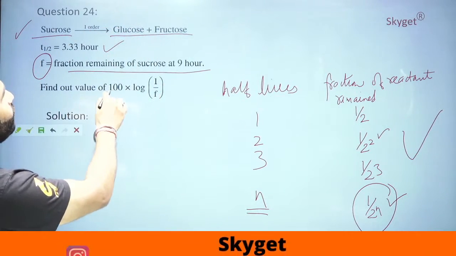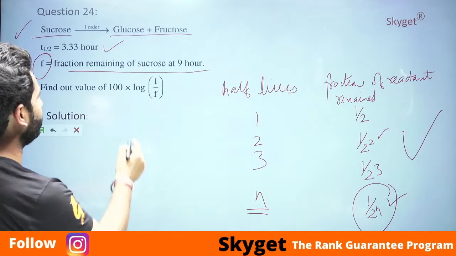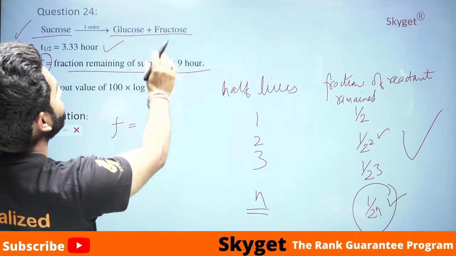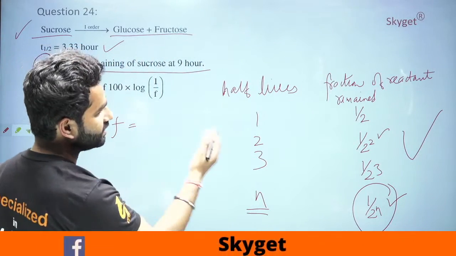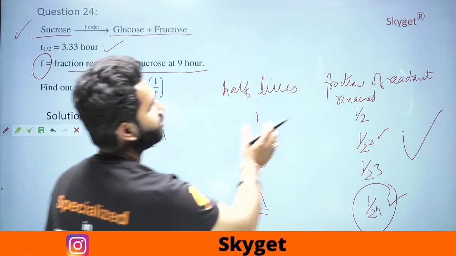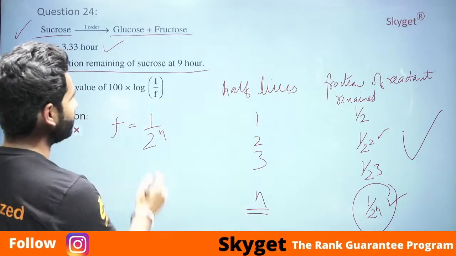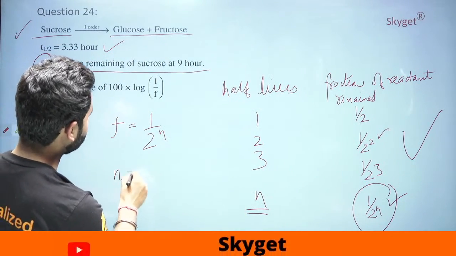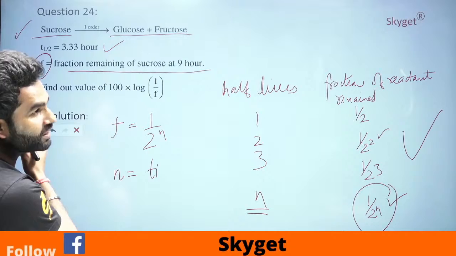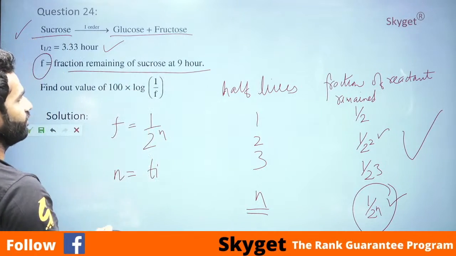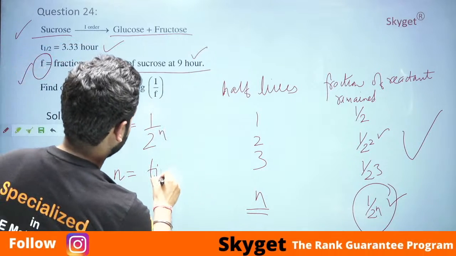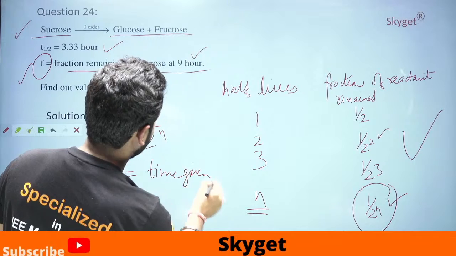The question says find out the value of 100 into log 1 by F. And what is F? F is the fraction remaining of sucrose at 9 hours. For nth half-life, F is equal to 1 upon 2 to the power n. F means fraction of reactant remained. Now what is n? n is the time given, 9 hours, divided by t half.